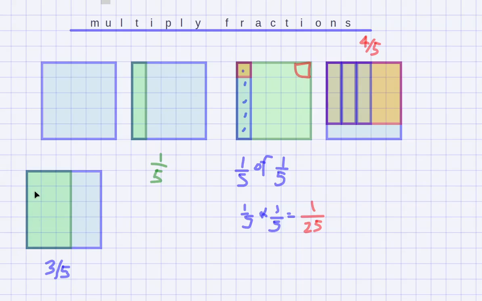So let's just write that down. So we want 3/5 of the 4/5. Okay, so let's just mark them in.